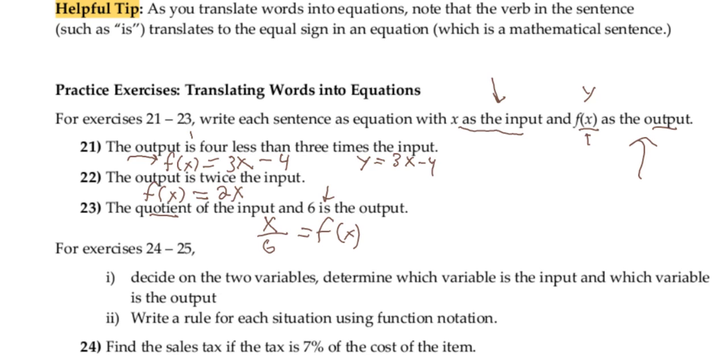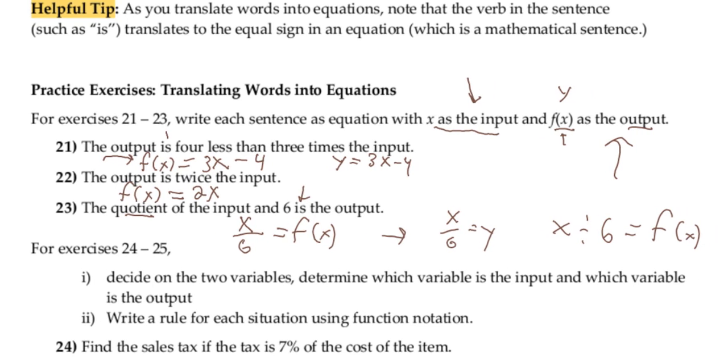Done, right? And again, if you wrote this, x over 6 equals y, I would accept that. If you wrote x divided by 6 equals y or f of x, I would accept that as well, okay? I hope that helps. Let's keep working through some problems.